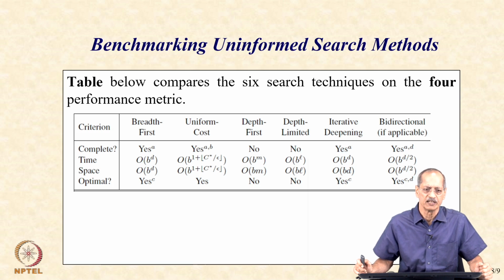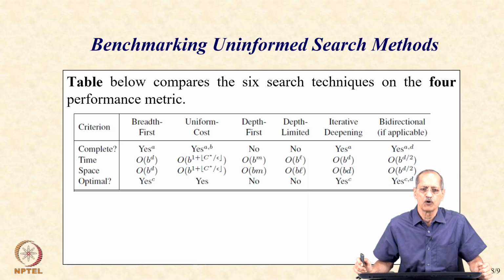So, whether it is a complete technique, what amount of time it takes, what amount of space it takes, and is it optimal. If you look at breadth first, it is complete, it is also optimal, and it takes time of the order of b to the power d, and it also takes space of the order of b to the power d.